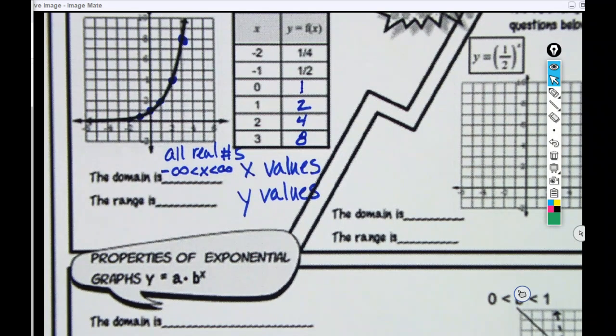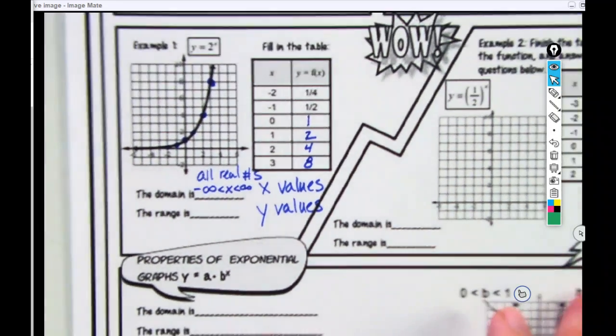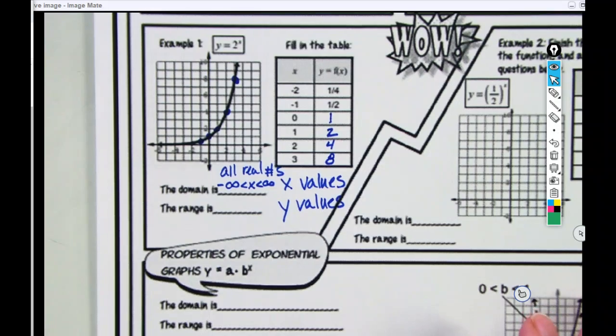You're going to find that my domain is pretty predictable when it comes to our exponential functions. The range, though, let's talk about it. So range is the y-axis. This is what I'm looking at.